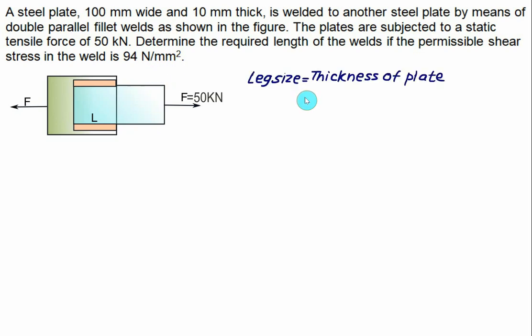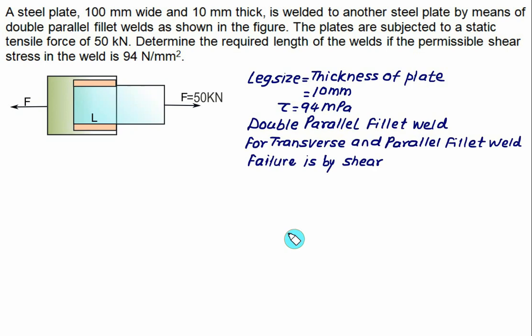So the leg size in this case we will take as the same as the thickness of the plate, which is equal to 10 mm, and we have shear stress tau is equal to 94 Newton per mm square, that is megapascal. So this one is a case of a double parallel fillet weld, and transverse or parallel, both will fail by shear.